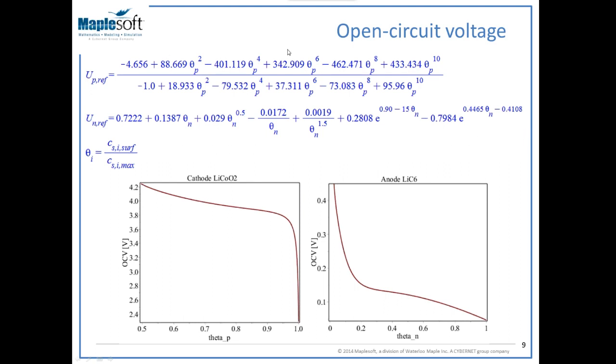And both of these equations are functions of theta p and theta n, which is basically the state of charge of the cathode and anode. So for each material, we actually curve-fitted the open circuit voltage equation for different types of material and incorporated them with the electrochemical battery models in MapleSim.